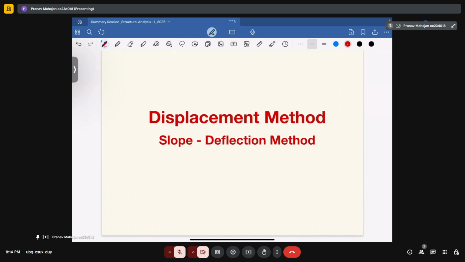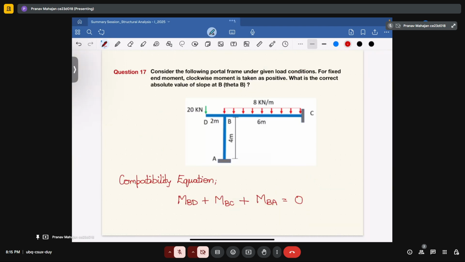Now let's see two methods for the displacement method, or you can say stiffness method. One is the slope deflection method and another is the moment distribution method. For the slope deflection method, how will we use that? Let's see, we have a portal frame given to you.